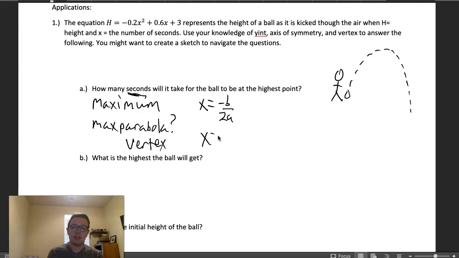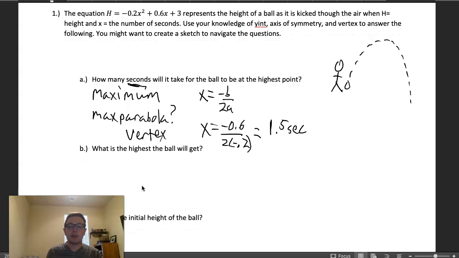Or our time will be minus 0.6 over 2 times minus 0.2, which will make this equal to 1.5 seconds. And this is our solution for the time.